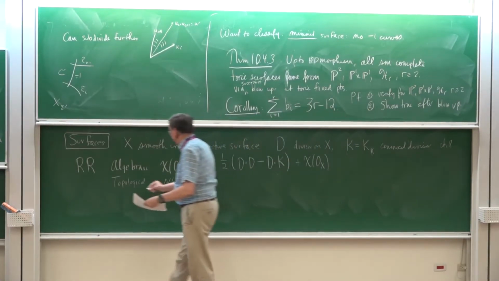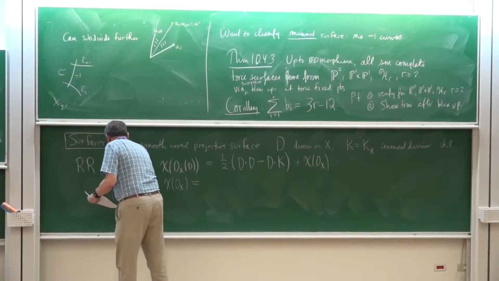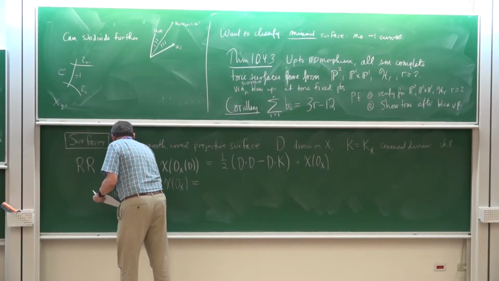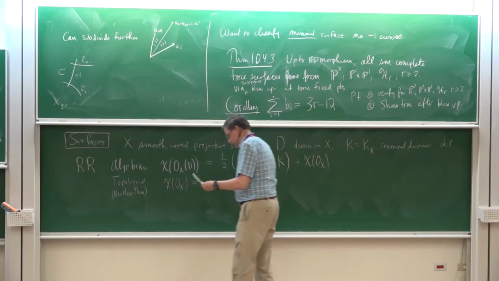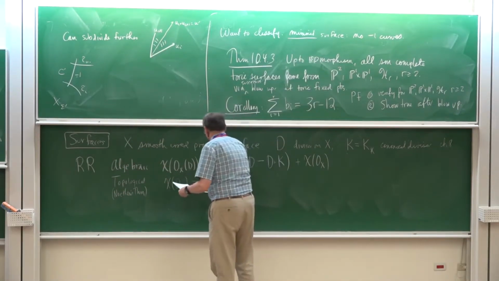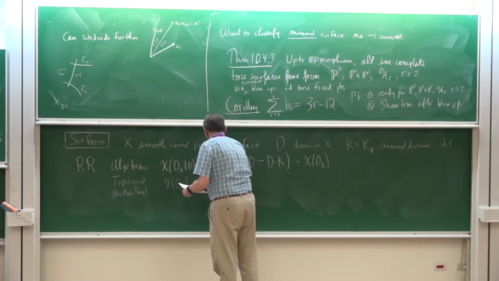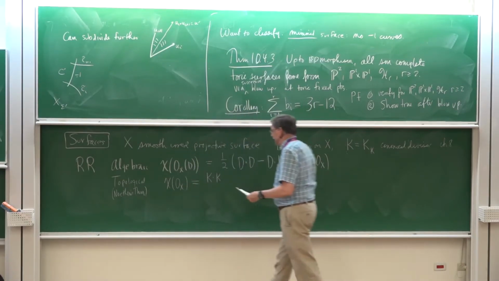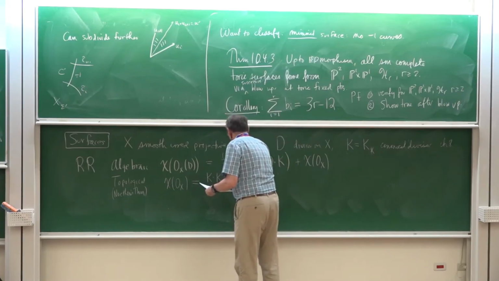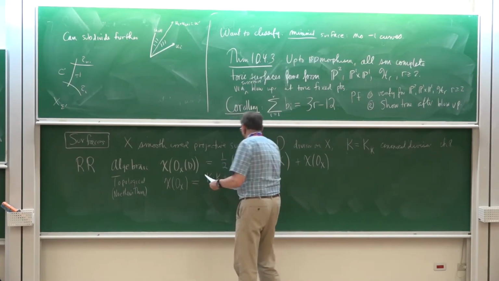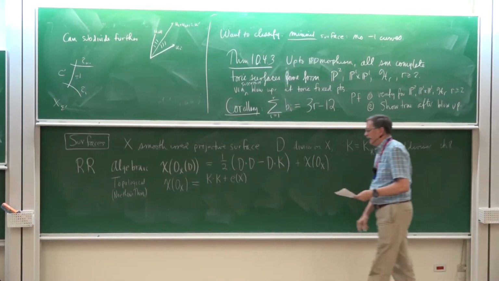In fact, in this case, the topological part has a separate name. It's called Noether's theorem, and that's Max Noether. What it is, is the canonical class dotted with itself, plus the Euler characteristic of the surface.